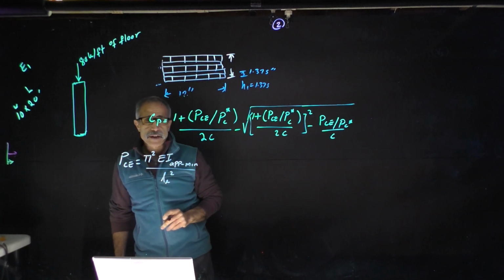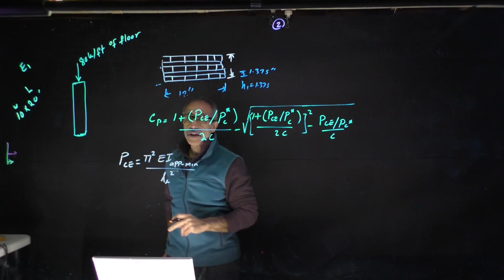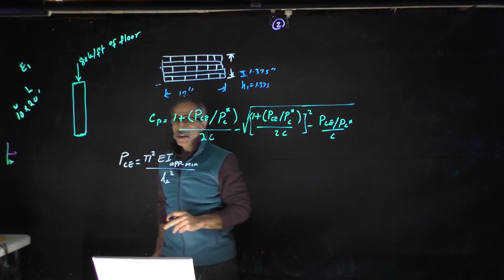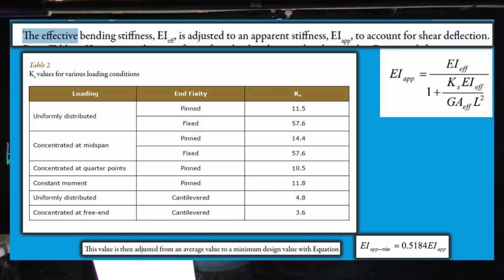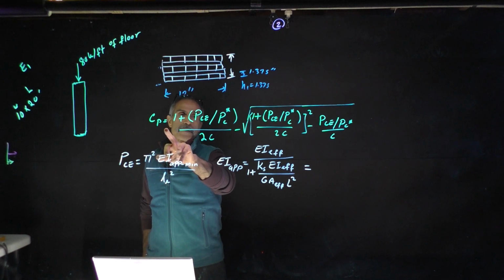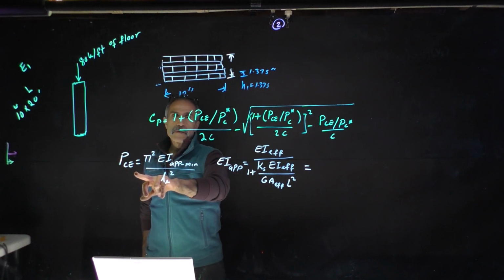And let's find out how we can find EI apparent. So the EI apparent is given by an equation: EI app is basically the effective bending stiffness, EI effective, adjusted to become apparent. This is to account for the shear deflection. To find the column stability factor, we first have to find the critical buckling.